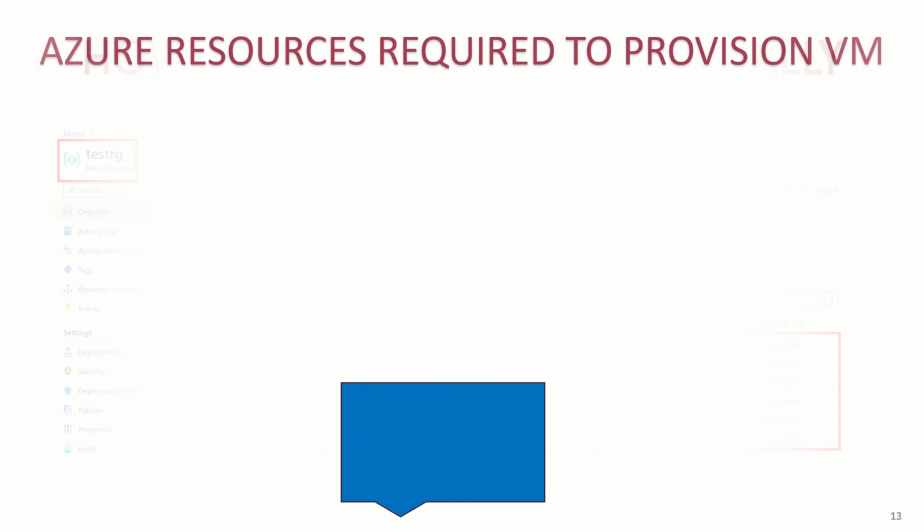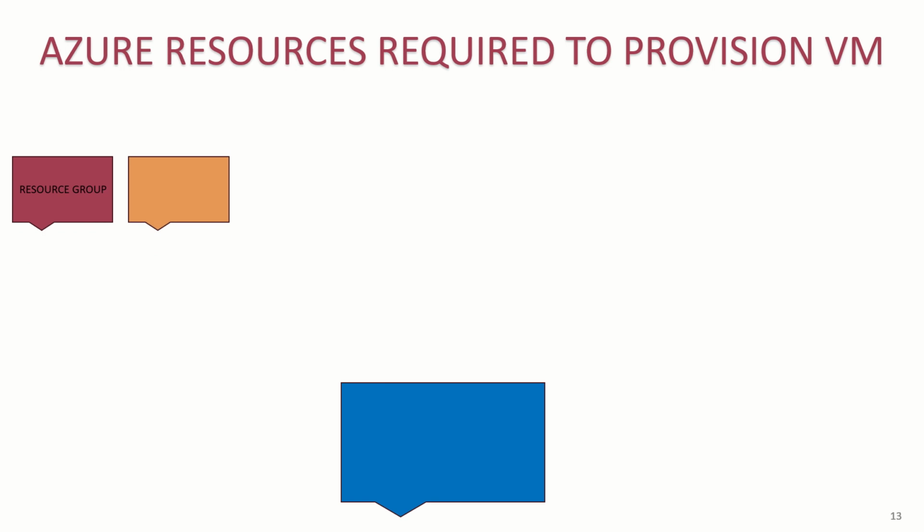So in theory, we were having these things. Let's summarize what we got with those screenshots when we were creating that virtual machine manually. What all Azure resources are required in order to provision the virtual machine? The first resource required is the resource group. Firstly, we'll create a resource group, and then the second resource, that is virtual network.